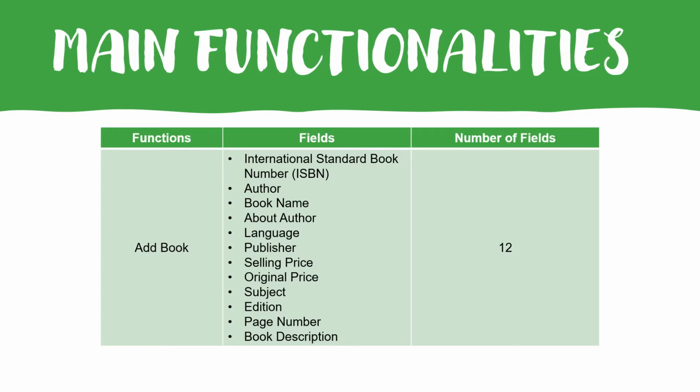The fields included in this function are International Standard Book Number, abbreviated ISBN, author, book name, about author, language, publisher, selling price, original price, subject, edition, page number, and book description. There are about 12 fields in this function.